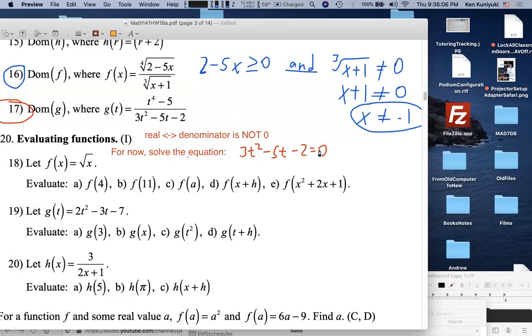You could use either the quadratic formula, or old school factoring does work. You're going to find the real zeros of the denominator, and remember, you have to exclude them. They're the bad guys. They give us a 0 denominator. So those are my hints.